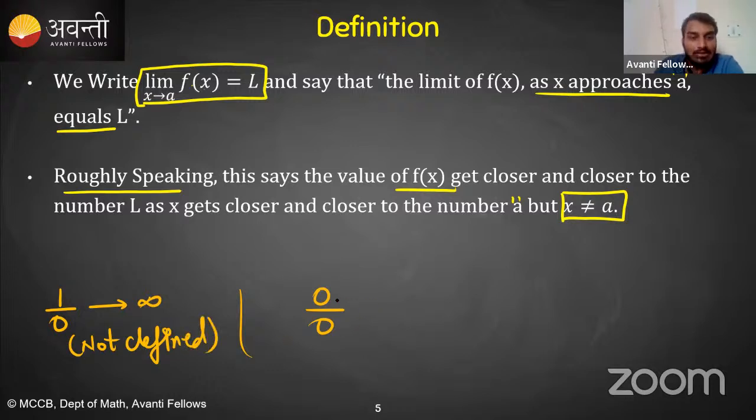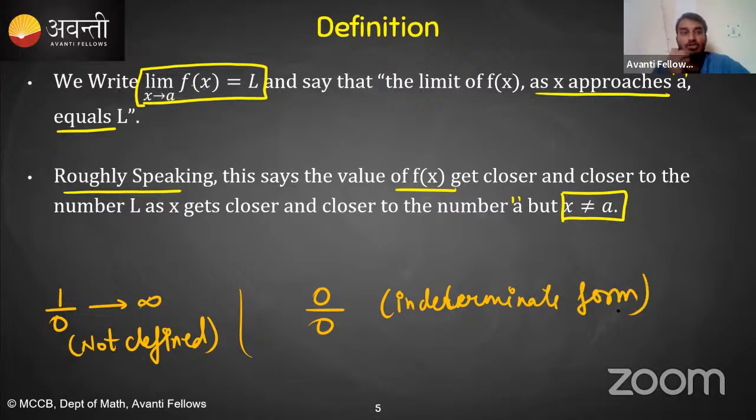And if I ask you what is the value of 0 upon 0, what will you say? 0 upon 0 is again not defined, but we say that this is indeterminate form. Okay, what does this mean?